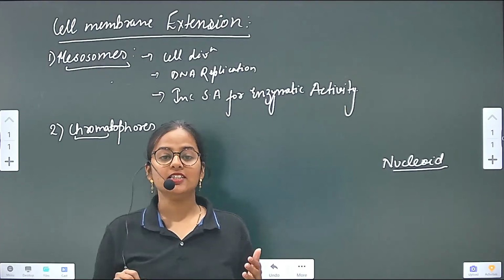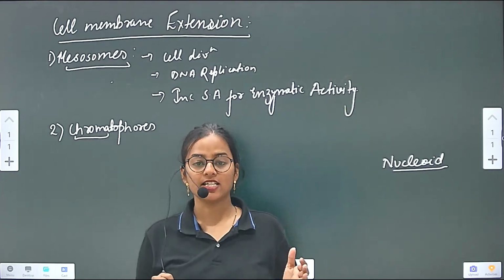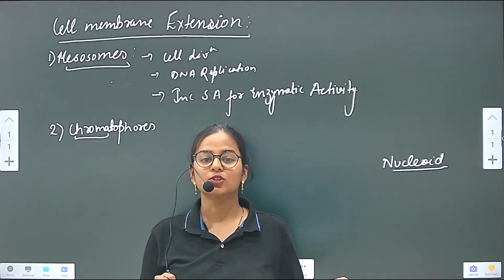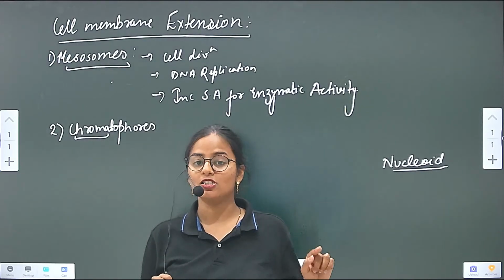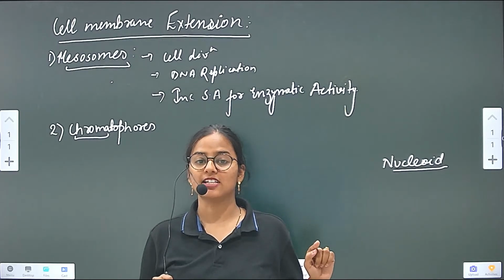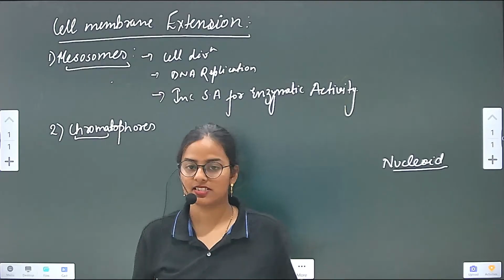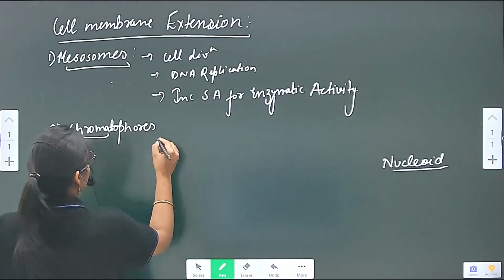So the colored pigment containing bodies found in the extension of plasma membrane is called chromatophores, right? And is also exclusively present in case of prokaryotes, especially cyanobacteria. Is that clear?